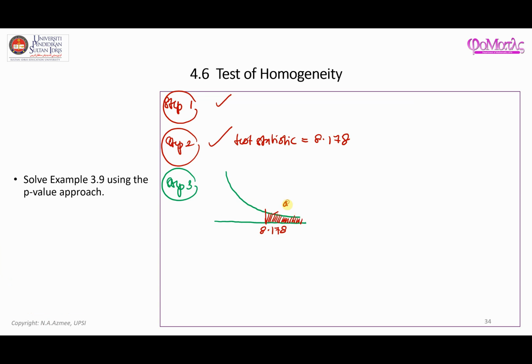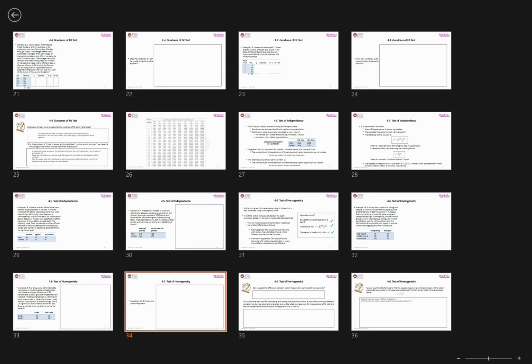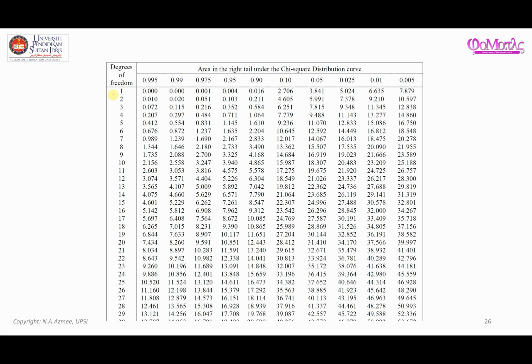So what's the area? Degrees of freedom here is equal to 1. The test statistic is 8.178. Then you can refer to the chi-square distribution table. Degrees of freedom 1, so we're going to refer to this part.